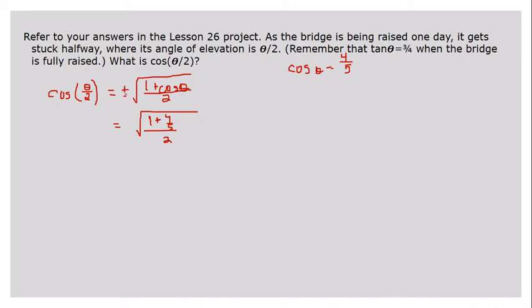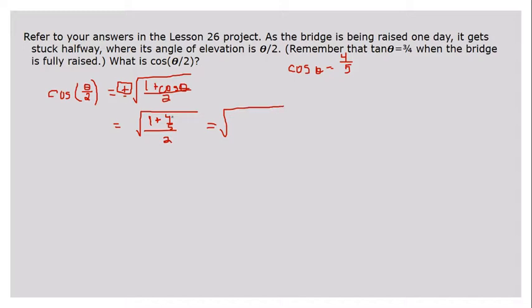If we're dealing with a bridge and angles and distances, we can't have a negative distance, so we're only going to deal with the positive square root. I can write a positive out in front, or just leave it, and it's known to be positive.